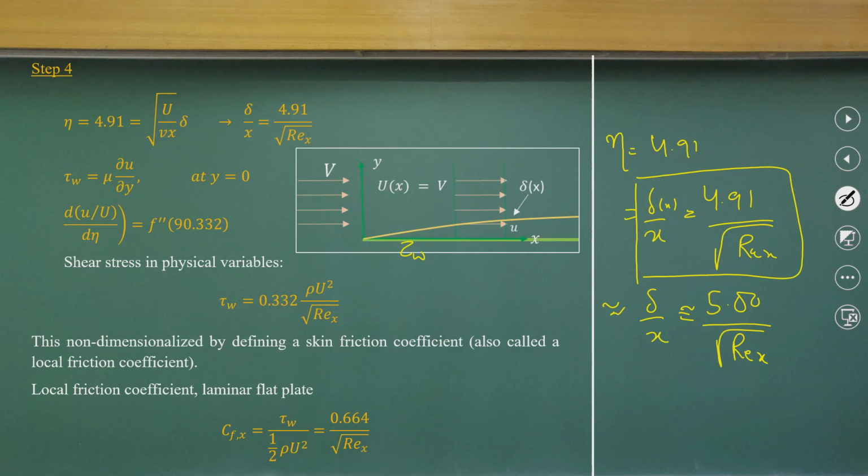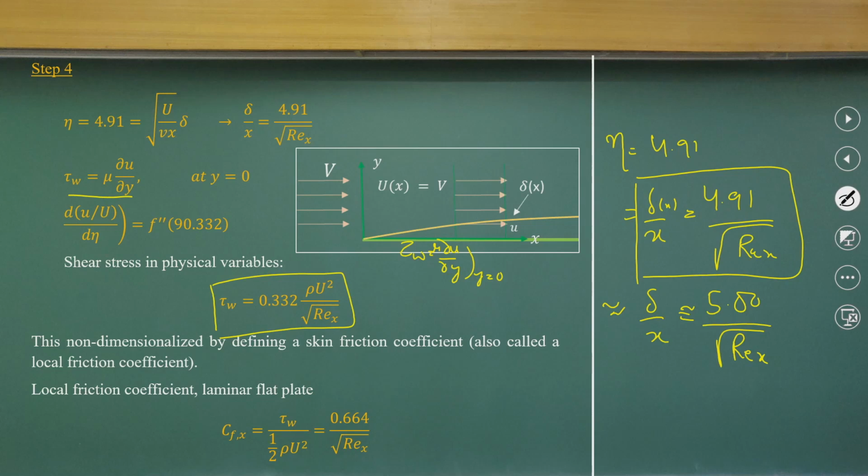Okay. That is what we can get if we know the velocity gradient, mu times du/dy at y equal to 0. So, once you know this velocity variation, you can differentiate it and, mu times, find the slope at the thin plate. Okay. So, we can get the shear stress value like this.